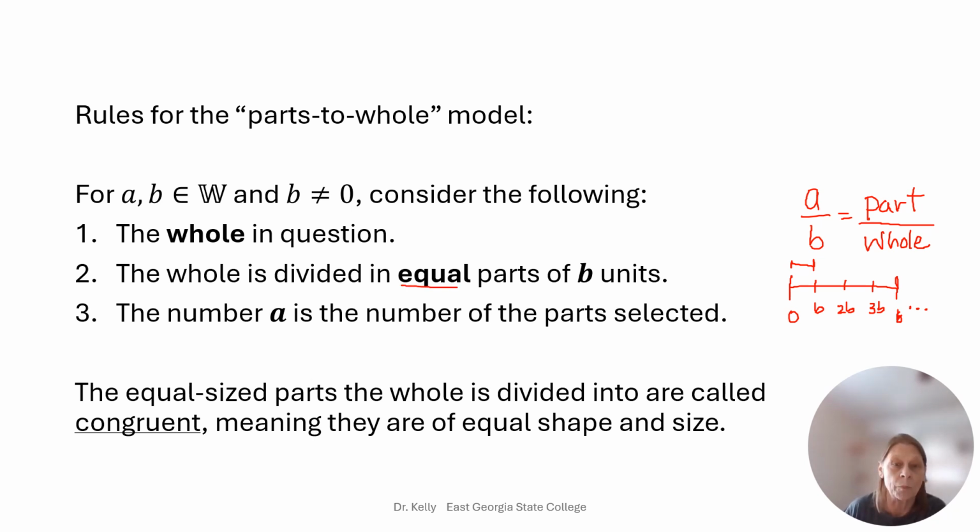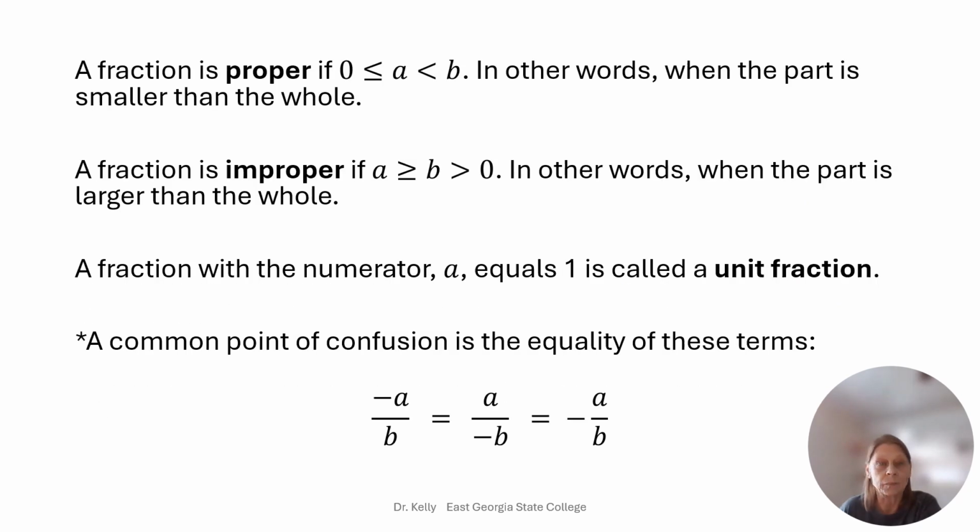So it's equal parts of B units, and we get B from the denominator that tells us how many parts the whole is divided into. And the number A is the number of parts selected, so how many we want on top. Equal size parts of a whole, when they're divided, are called congruent pieces, and that means that they are of equal shape and size.